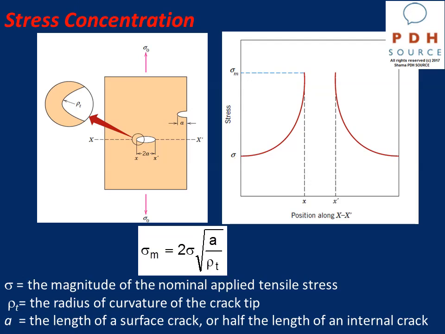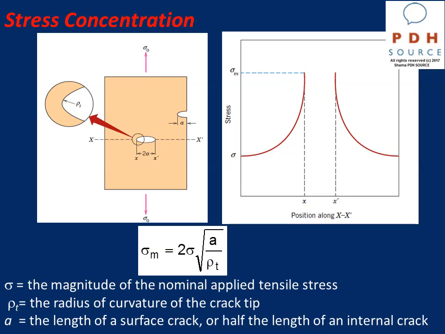As I mentioned, the maximum stress sigma m occurs at the crack tip and may be approximated by this equation: 2 sigma multiplied by the square root of a divided by rho t.